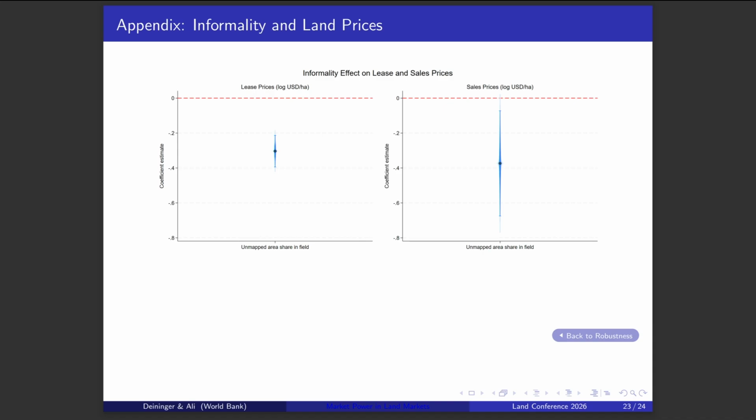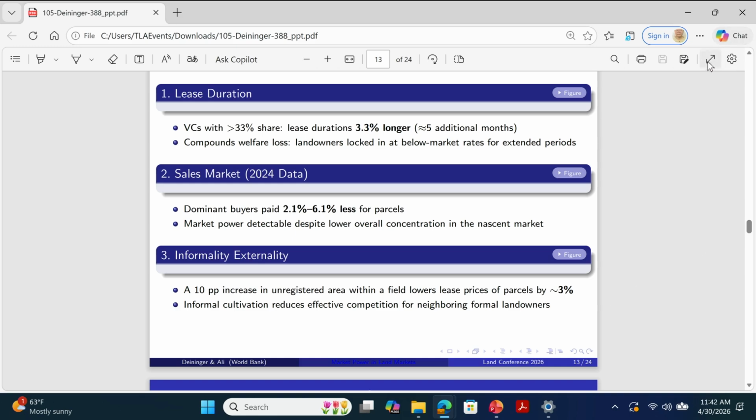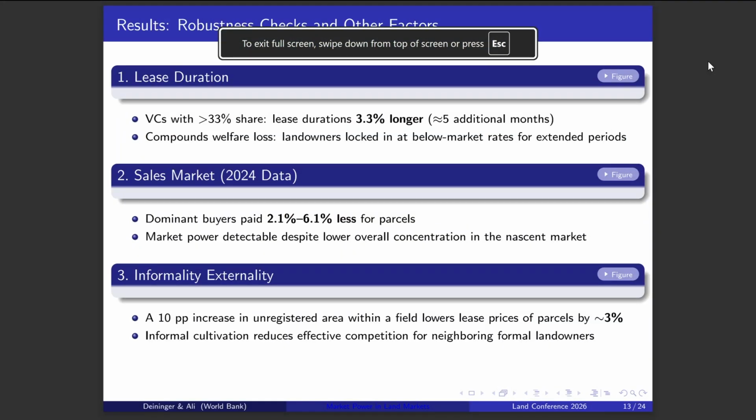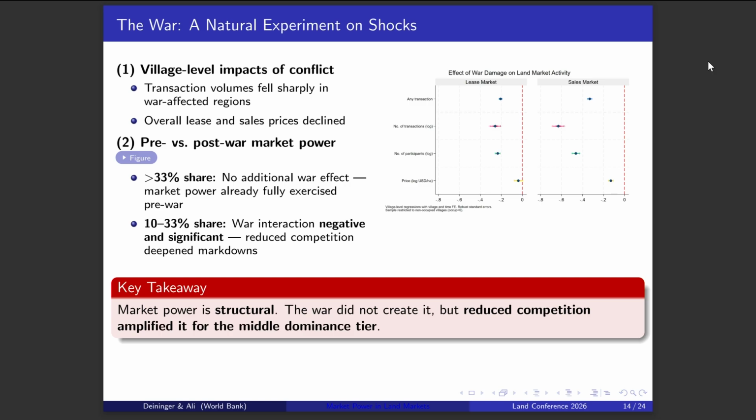We clearly see that the unmapped area share in the field has a negative effect on both lease prices and sales prices, even if the sales price is not as precisely estimated as the lease prices. So informal cultivation reduces effective competition for neighboring formal landowners.